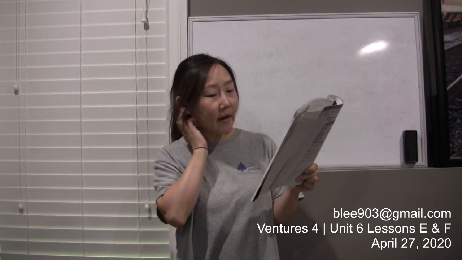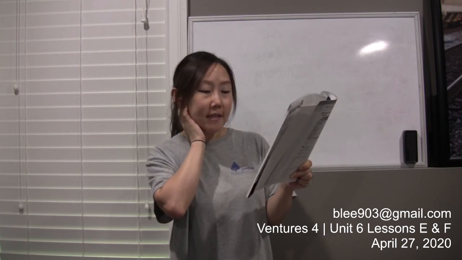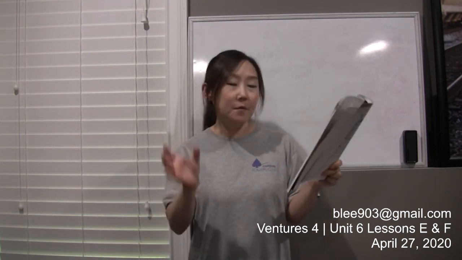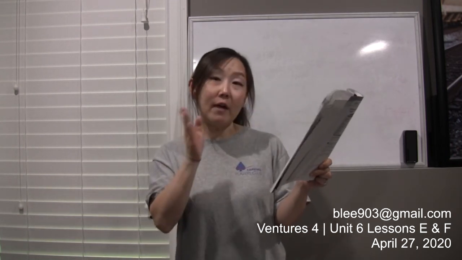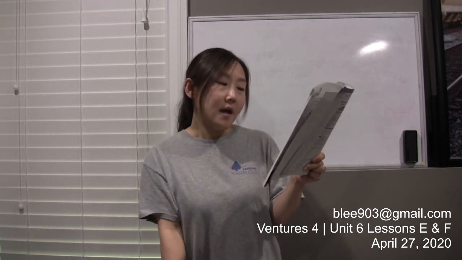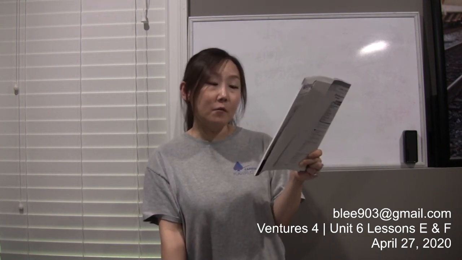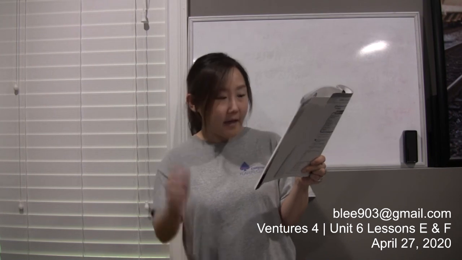Okay, exercise 3. Put the words in order to make sentences. So you can see a bunch of scrambled phrases and words. So let's put them in the right order. Okay, so number 1. My internet connection is so slow that I can't upload photos. All right, so go ahead and finish this exercise and we will look at it together.